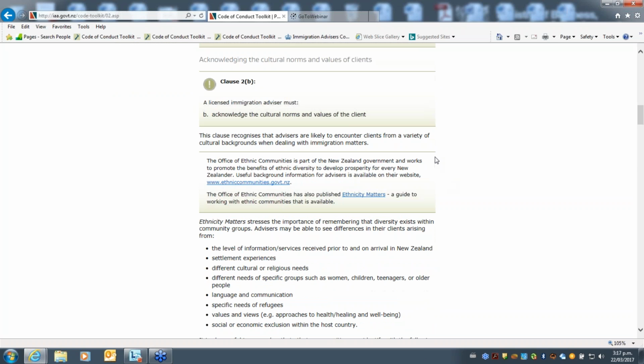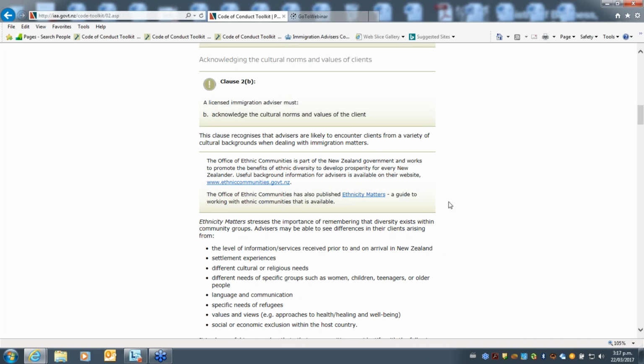Clause 2B talks about acknowledging the cultural norms and values of the client. Now obviously as a licensed immigration advisor you're dealing with people potentially from many different cultures with different expectations of what's normal, what's acceptable behaviour.